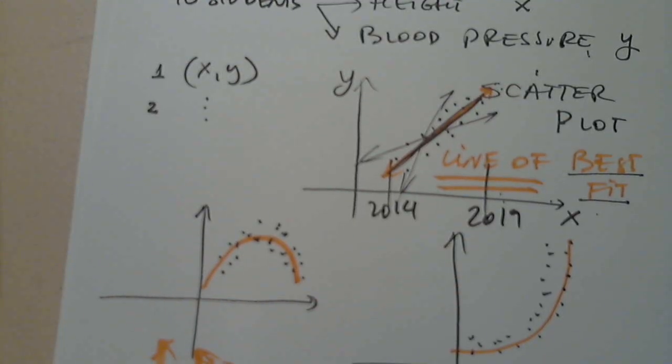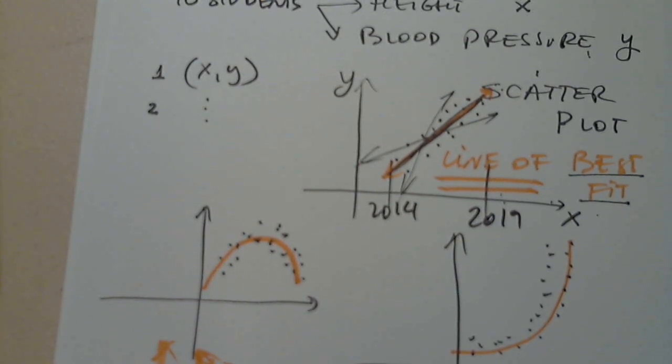So I want the calculator to use list L1, use list L2, and create the linear regression line of best fit, and also put the function in the graphing calculator under y1.